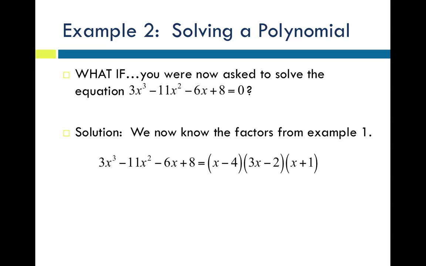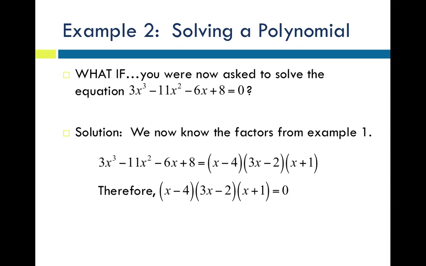So we now know that 3x cubed minus 11x squared minus 6x plus 8 can be factored into x minus 4 times 3x minus 2 times x plus 1. So I'm going to replace the standard form polynomial with the factored form polynomial and set that equal to 0.